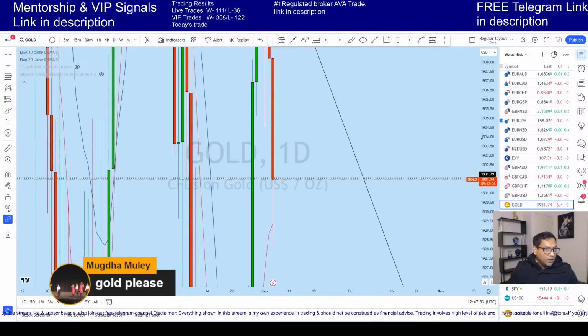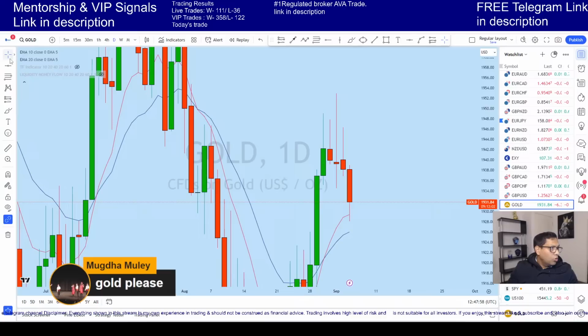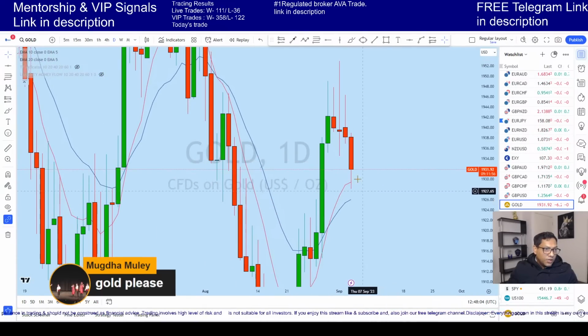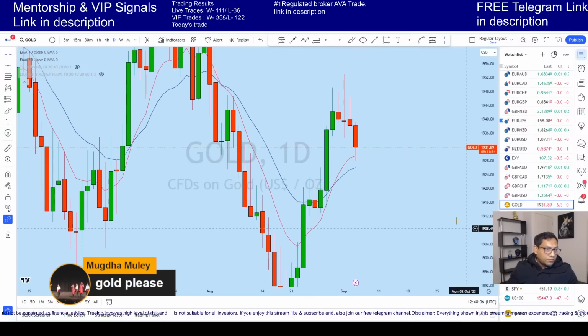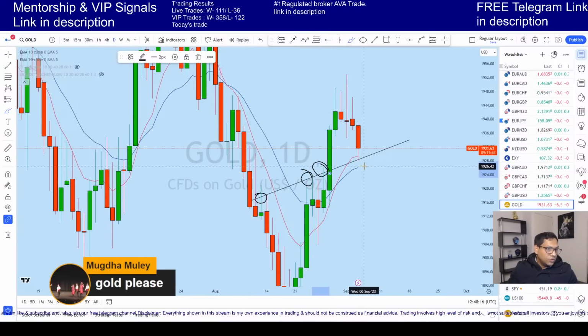Let me see from 1 hour, from daily, what we see there on gold on the daily. The price just tested the daily 10 EMA. Okay, so this is an important level on gold. You can see this is a very important level, which is the previous resistance here, resistance here, resistance here, which is turning support.